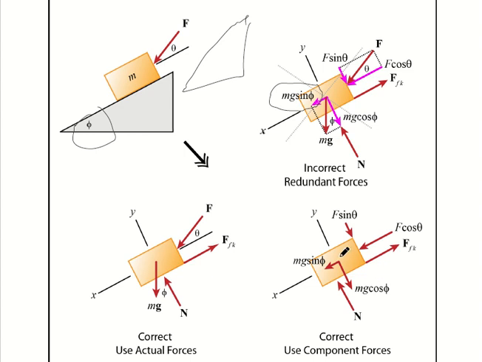So now we are going to use the component forces: mg cosine phi and mg sine phi, to account for this orientation. We just tilted it a little bit from the 90-90. And then of course your F sine theta and F cosine theta are acting on it from this force. And then of course your friction is going that way.